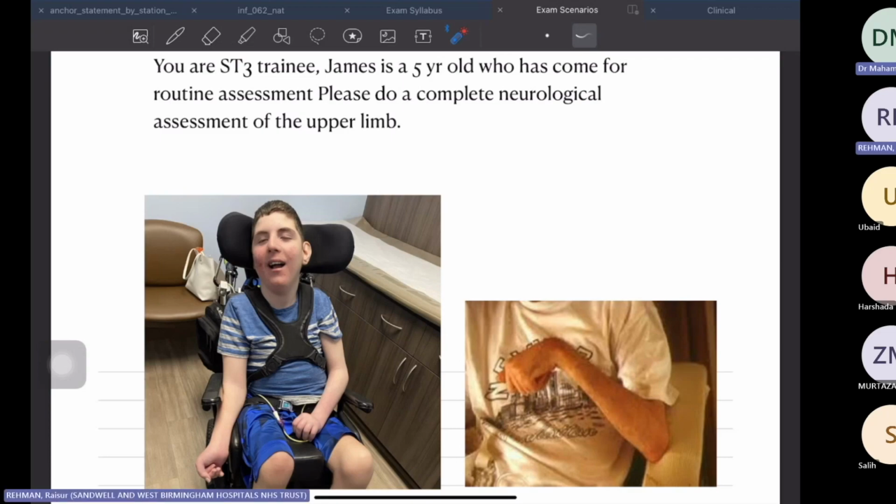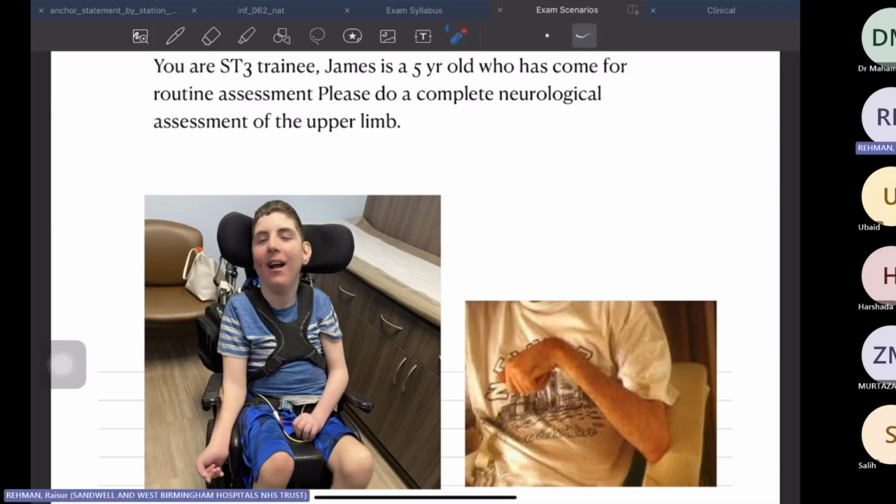I will check for any deformity, any scar mark, any IV lines. There is a scar mark at the posterior aspect of the elbow, a linear scar like this. Okay, linear scar. I would also like to see any deformity of the bones.